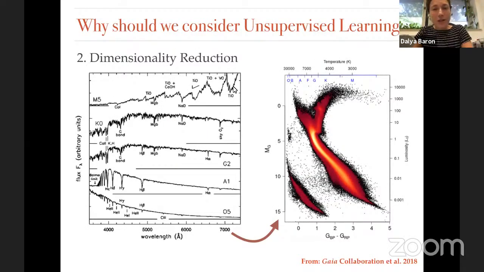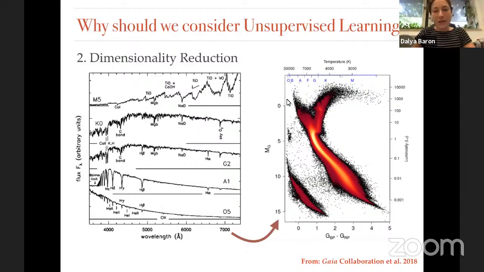For dimensionality reduction, I think this is my favorite example. On the one hand, we have optical stellar spectra. And if we look at these optical stellar spectra, without knowing too much about them, they appear extremely complex to us. There is this continuum emission that changes from one source to the next. There are various absorption lines that come and go. It appears as though we will need a lot of parameters and a very complicated model in order to explain this rich behavior.